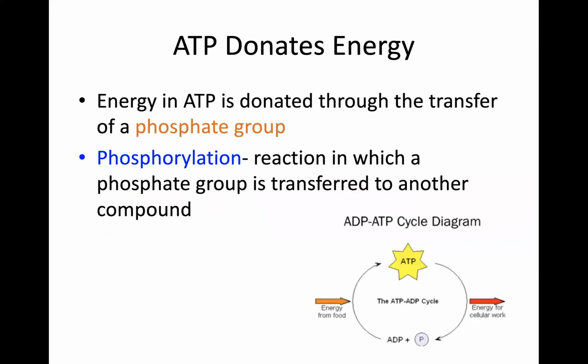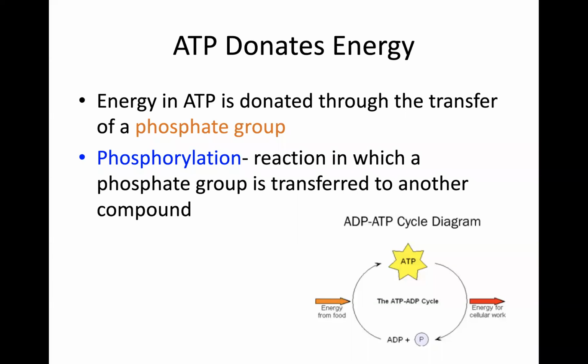Energy in ATP is donated through the transfer of that phosphate group, and that process is known as phosphorylation. This is a chemical reaction in which a phosphate group is transferred to another compound. So we've got some energy conversion cycles taking place in the cell. Phosphorylation occurs when a phosphate molecule is transferred to ADP.